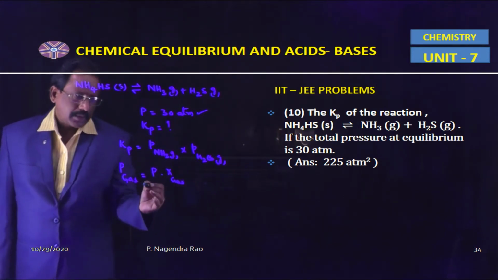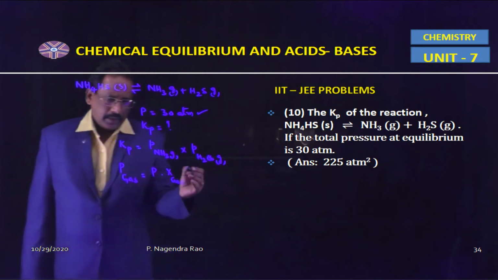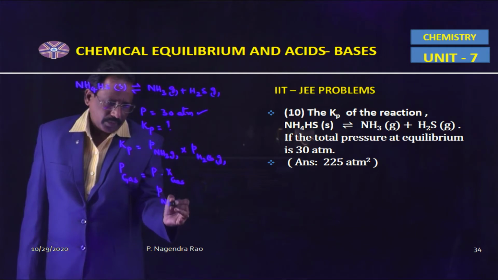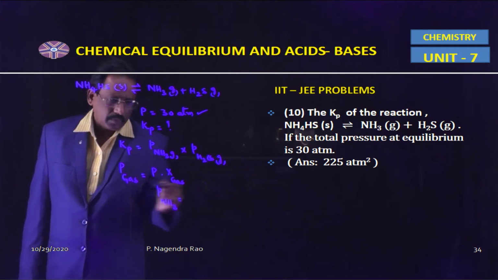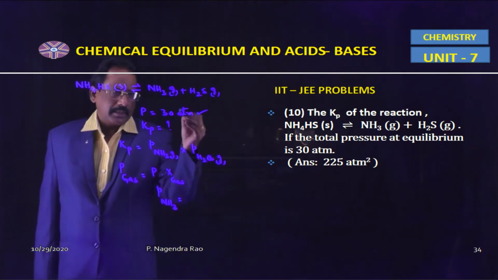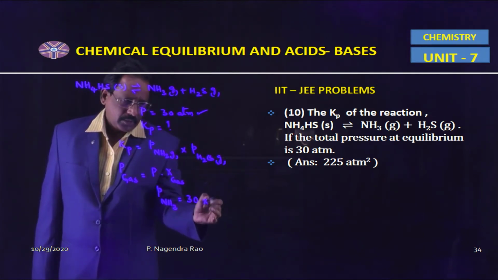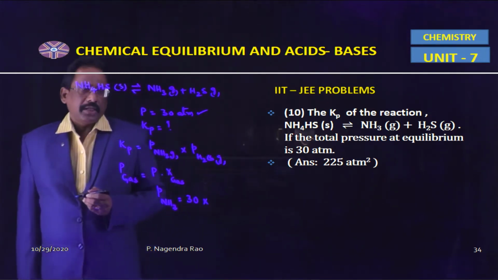Therefore, the partial pressure of ammonia gas is equal to total pressure. Here total pressure is 30 atmospheres into mole fraction.